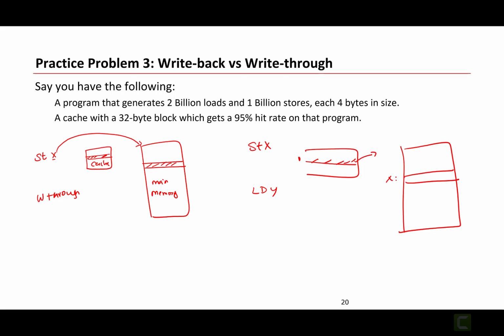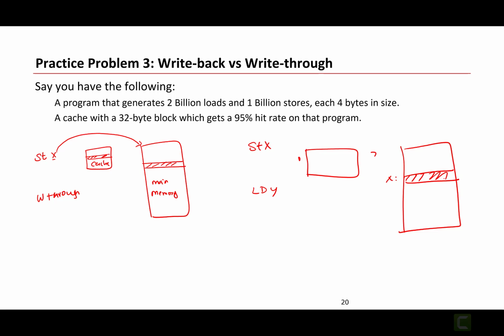So when you evict this cache block, you evict the data and then you write it back to the main memory. So the main difference between the write through cache and the write back cache is, in the case of write through, every store goes through to the main memory. In the case of a write back, you cache it as long as possible, and only when you evict a dirty block, you write anything at all to main memory.